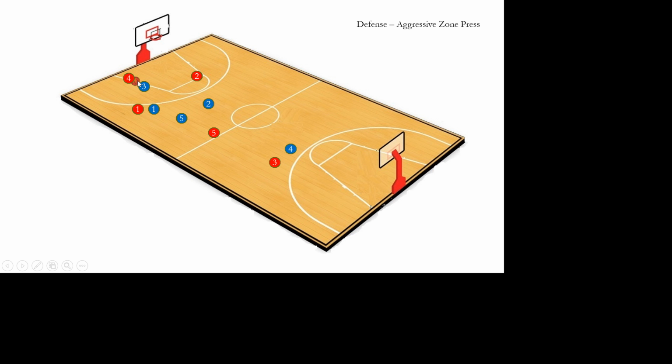And we're set, ready to go again. If the ball comes back to this direction, 5 is going to help out again, trap over here. If it comes over here, 2 is going to pick it up. And that's how we'll keep running the aggressive zone until they get the ball across half court, in which case then we'll either go to a man-to-man or a zone defense, whatever we're playing.